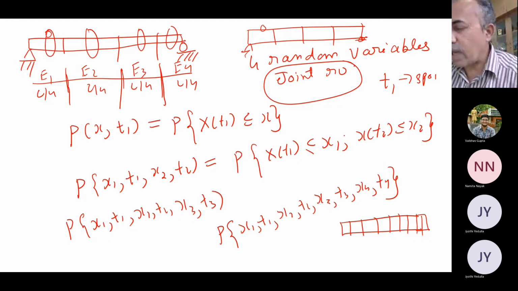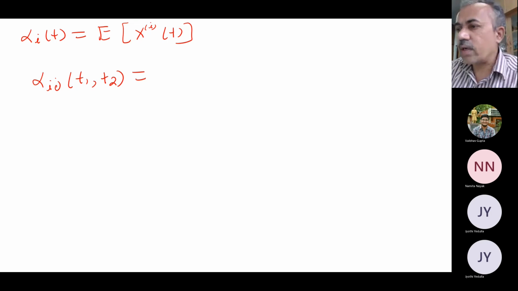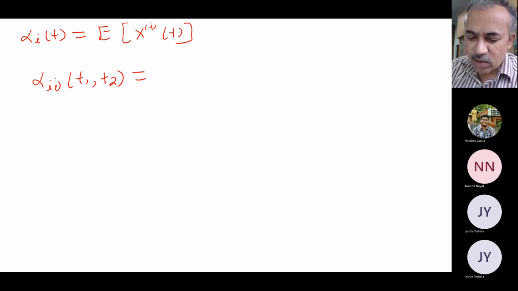So this is a big headache in our random field. If it shows some type of pattern, then you may have to go multi-dimensional, and all kinds of issues will be there. Now here also we can define the mean value. These are the one-dimensional expected value. I will not go into the details. So this is the mean value. Then we can have the autocorrelation also, t1 comma t2. Don't confuse, t is not time, it is space only, we are just denoting it.